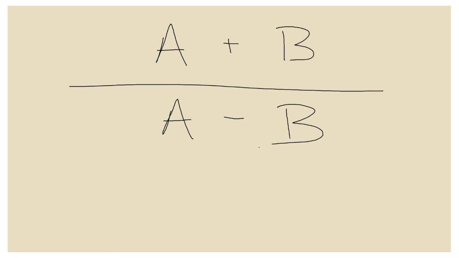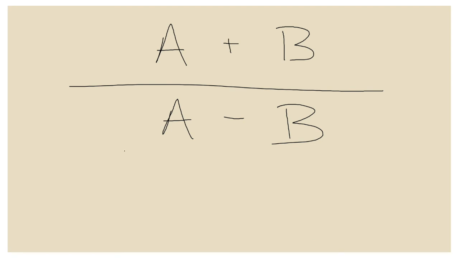Some of you may be thinking, well, the answer lies in the components. What we did was we found the x components for the first vector and the x components for the second vector, and then we added them together. So maybe we can find the x components for those vectors and subtract them, and then do the same with the y components. There's a lot of ways that you might be able to approach this problem.